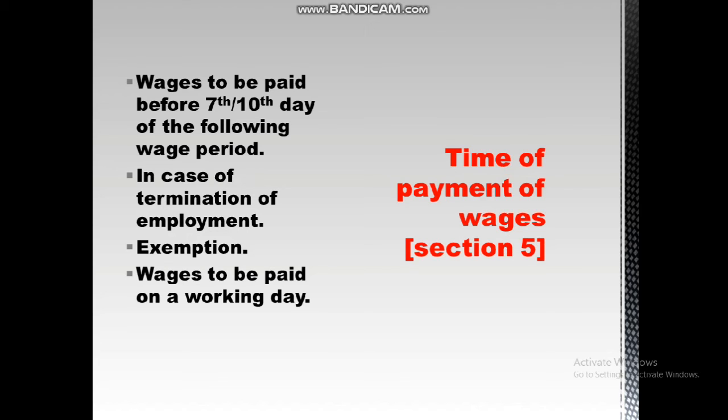So the first one is wages to be paid before 7th or 10th day of the following wage period. That is, the wages of every person employed upon or in any railway, factory or industrial or other establishment shall be paid before the expiry of 7th day of the following wage period upon or in which less than 1000 persons are employed, or 10th day of the following wage period in any other case.